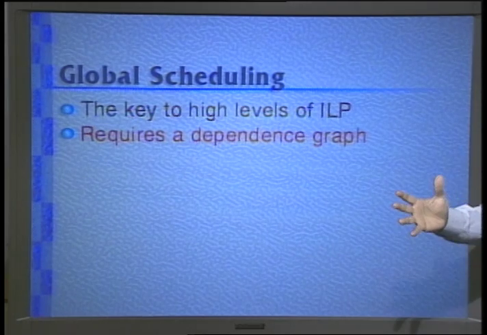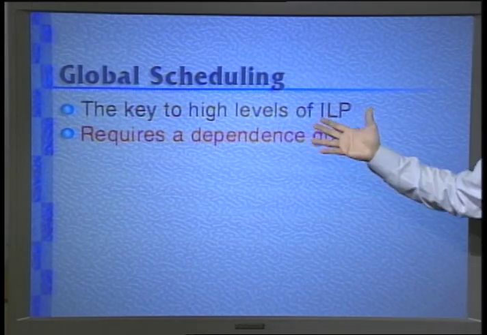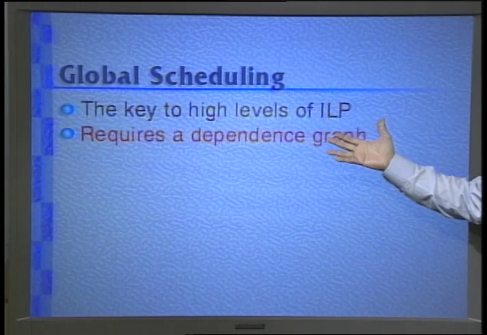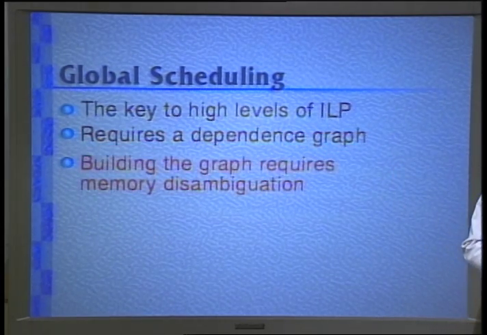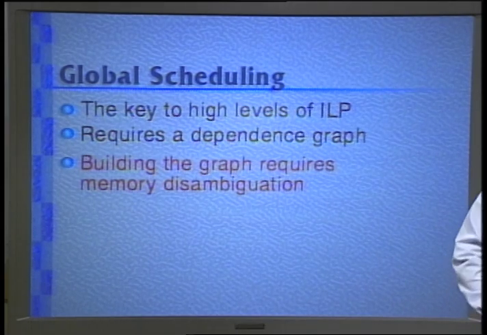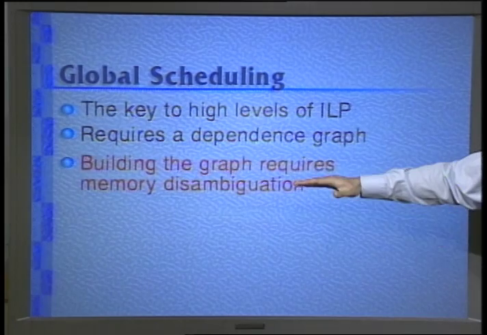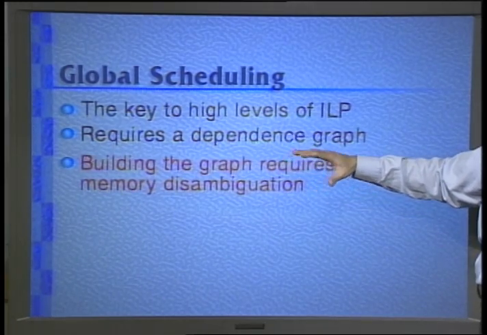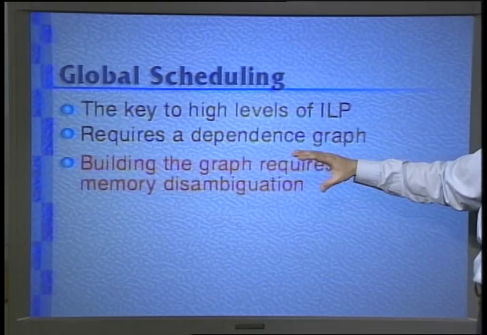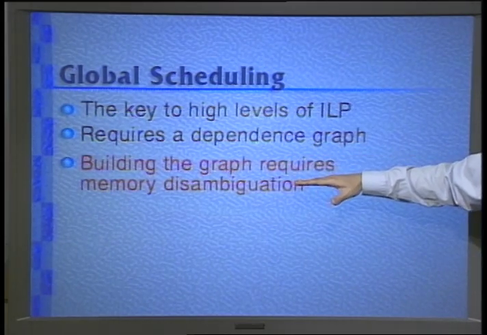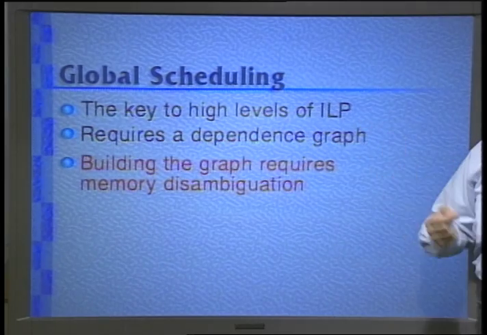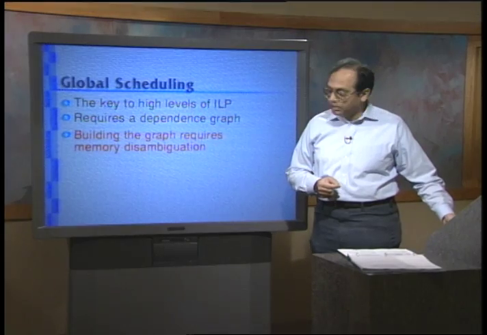And global scheduling requires the dependence graph of the entire program unit to have been constructed. And the third point to be made is that if we want to have a good, high quality graph with as few edges as possible, we need to do memory disambiguation so that we can eliminate the dependence edges due to loads and stores.